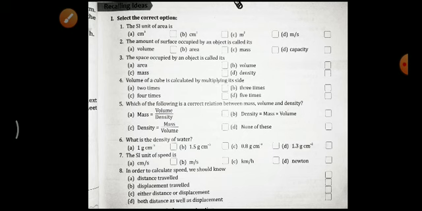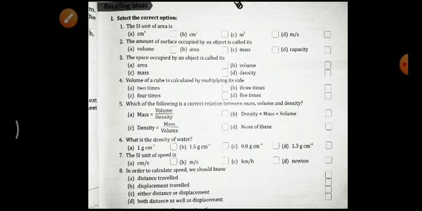Then, which of the following is a correct relation between mass, volume and density? This one also we have already learned and discussed. There is a relationship between mass, volume and density. And what is the formula of density?